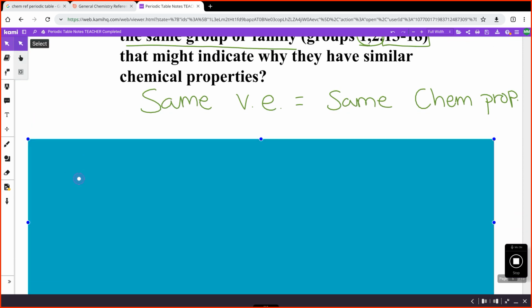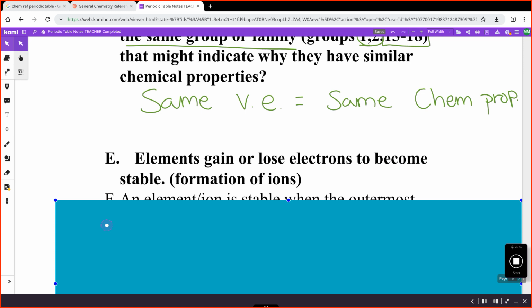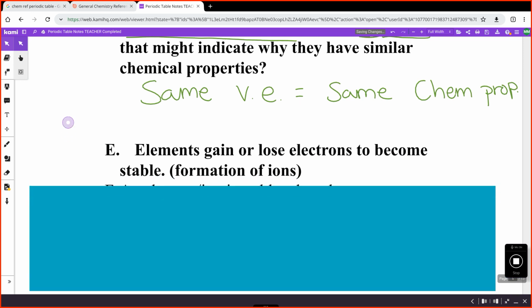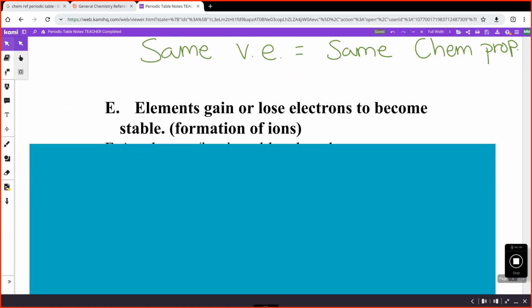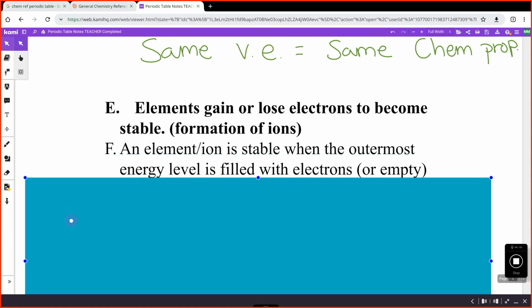So a little bit along the lines of valence electrons, but a little bit different, is we talked about elements gaining or losing electrons to become stable. So this is when ions are formed. In the case of an ion that comes from an atom, we are either gaining or losing electrons. Now, we're going to look at it a little differently.